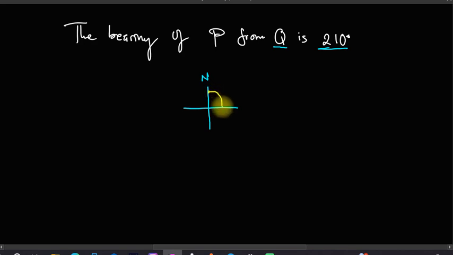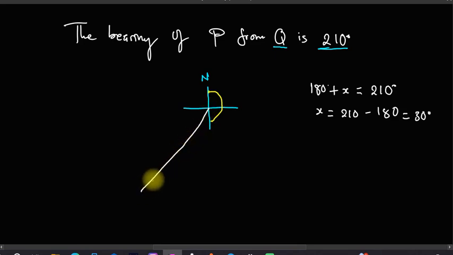So this is 90 degrees, 180 degrees. So we have 180 already. It means we're close to 210. So what are we going to add to 180 to get 210 degrees? I'm going to have to add 30 degrees. So it means we can put our line somewhere here. That's a very horrible looking line.